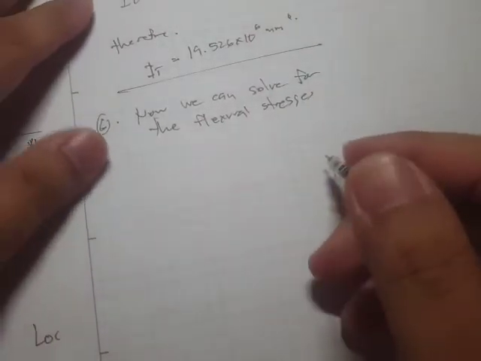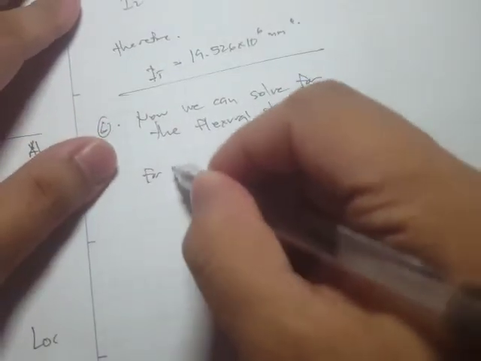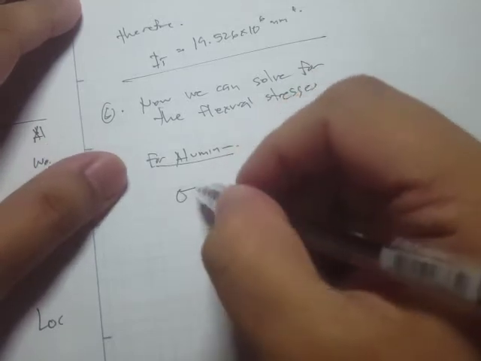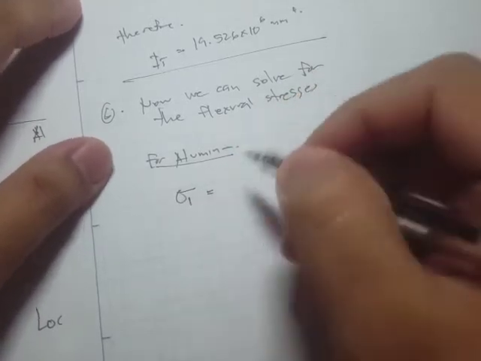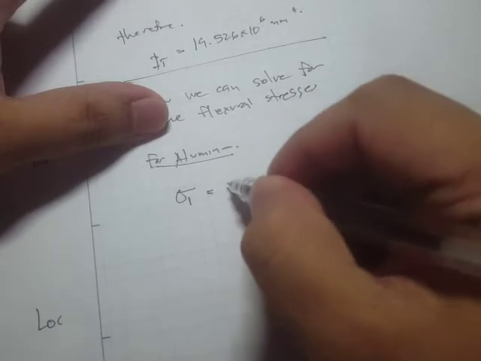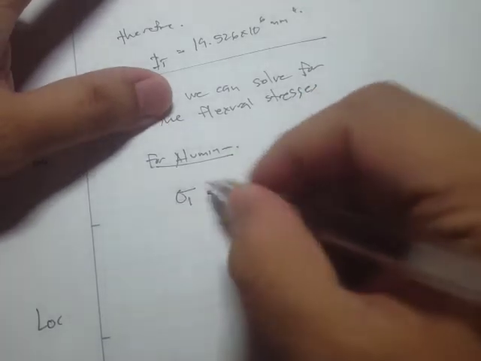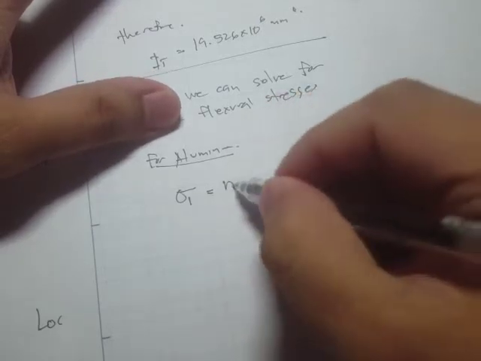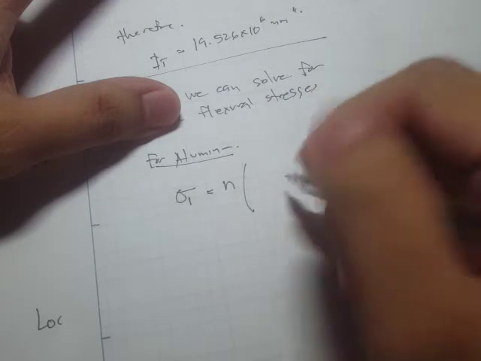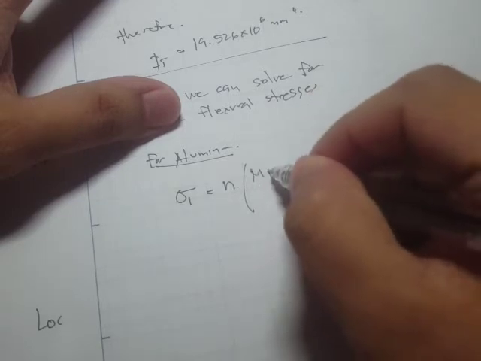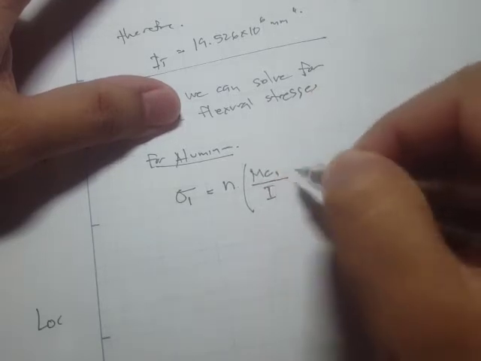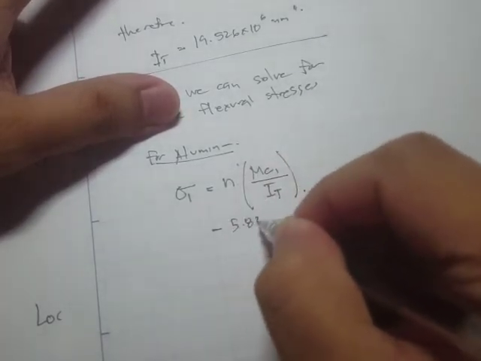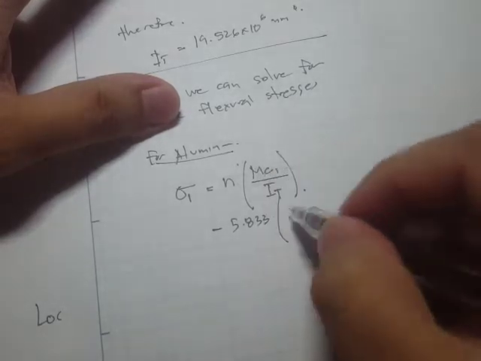Okay, so for aluminum, let's say sigma 1 is equal to, we need to multiply the modular ratio n, because this is the material that we transform, to the flexure formula. This is mc sub 1 all over I total. Okay, so this is 5.83.